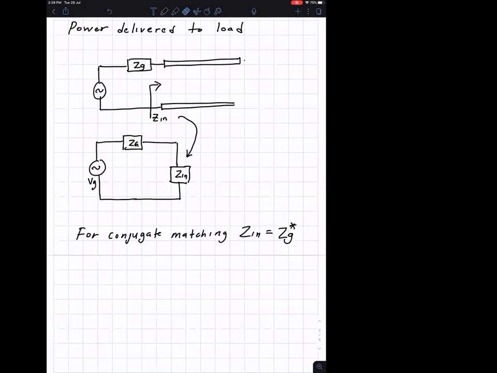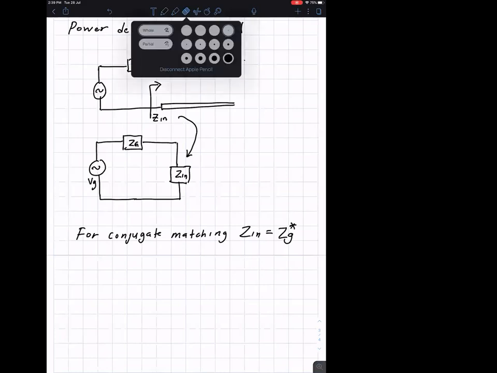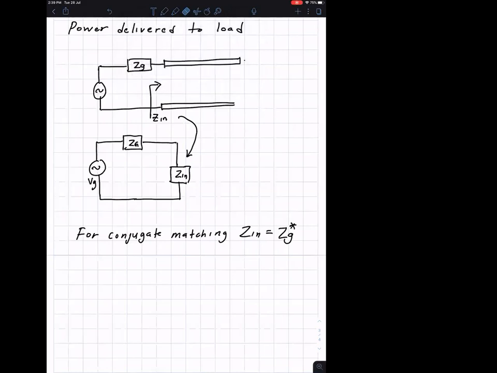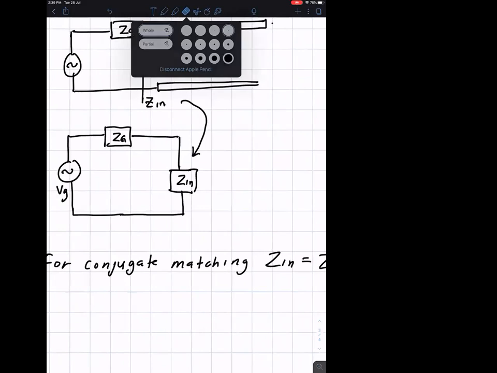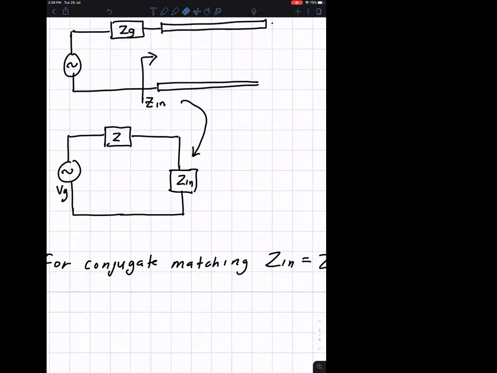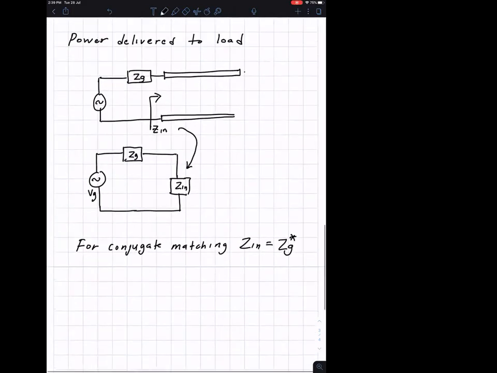I mean for conjugate matching, Z in is equal to ZG or ZL, because we are replacing the ZL, right? This is a small g here. The load, everything is inside the Z in. It's load. Good question. Everything is inside the Z in.